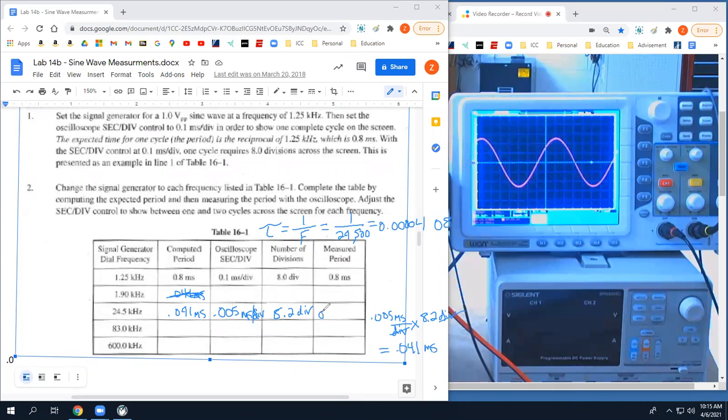Isn't that handy? Because those two are exactly the same. Isn't that cool?